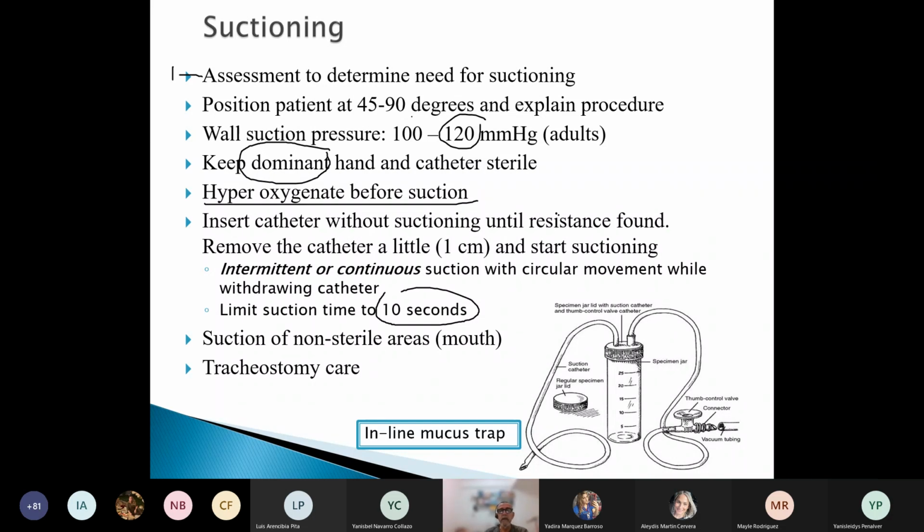In clients in ICU with an endotracheal tube, nowadays the catheter is permanently attached to the tube inside a plastic sleeve that keeps the catheter sterile all the time.